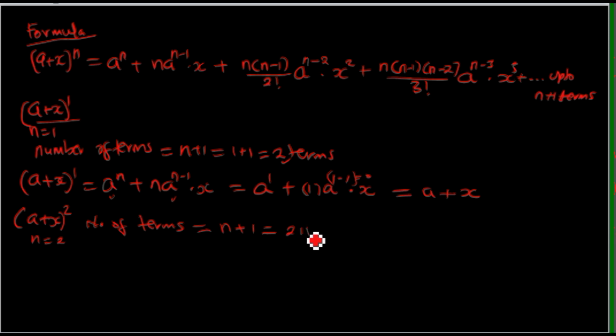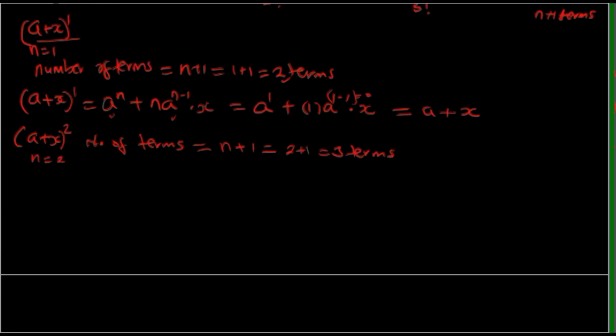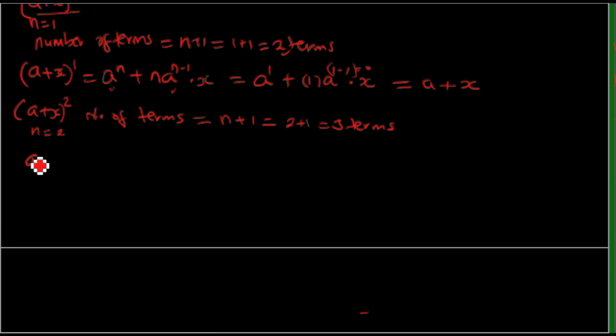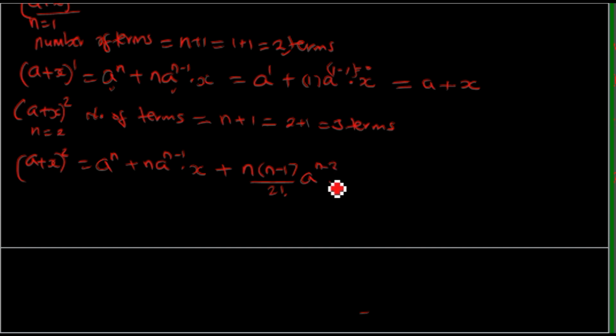So expanding (a + x) power 2, you have a power n plus n times a power n minus 1 times x, and then plus n into n minus 1 over factorial 2 times a power n minus 2 times x squared. So those are how many terms? 1, 2, 3 terms.